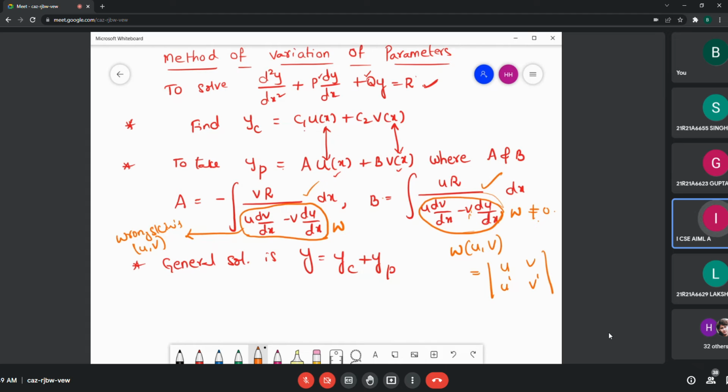Now we will solve one problem on variation of parameters. Remember the method here, and now see the question.